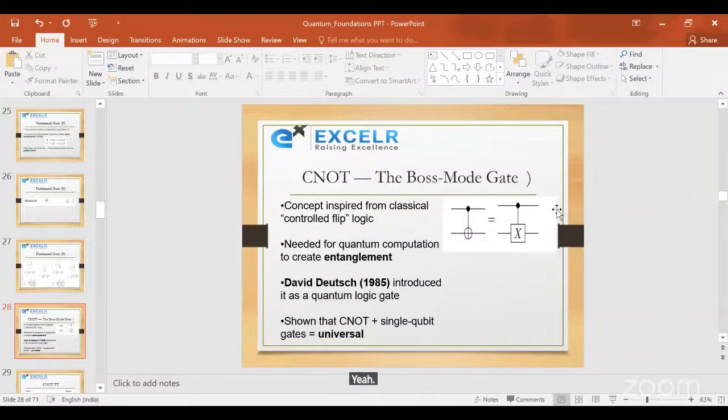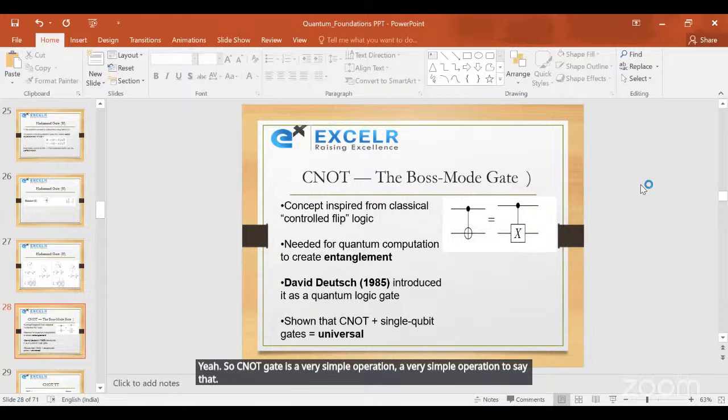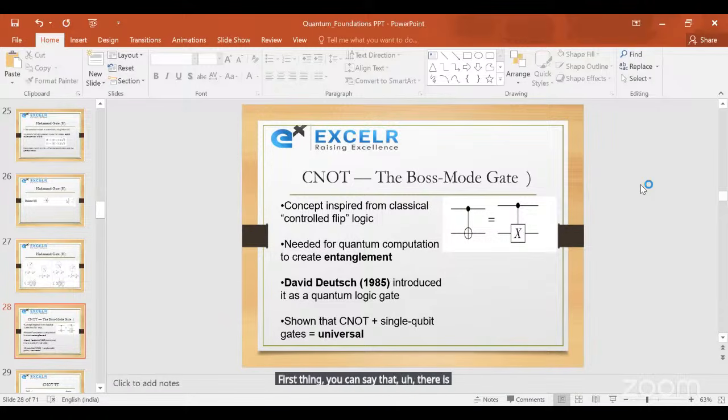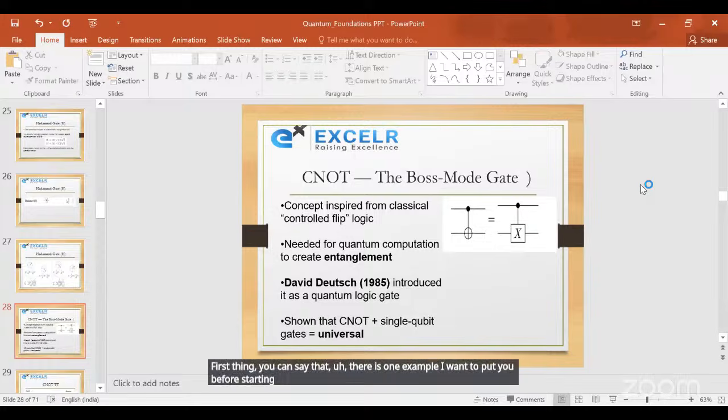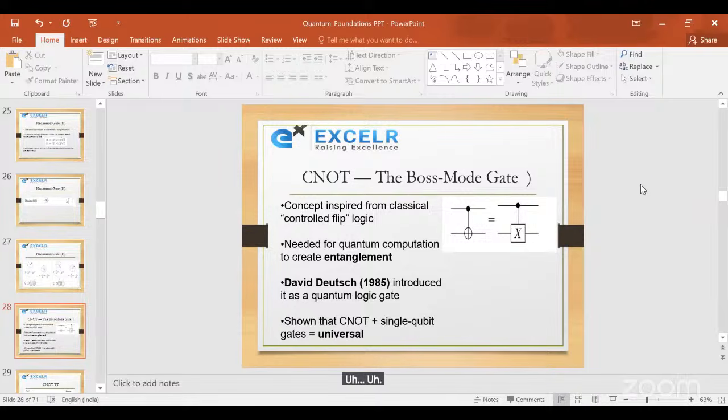The CNOT gate is a very simple operation. Before starting this understanding of the CNOT gate, I want to quote one example. Everybody is running the TV, or everybody is in the habit of operating the MCBs and fuses in their houses.